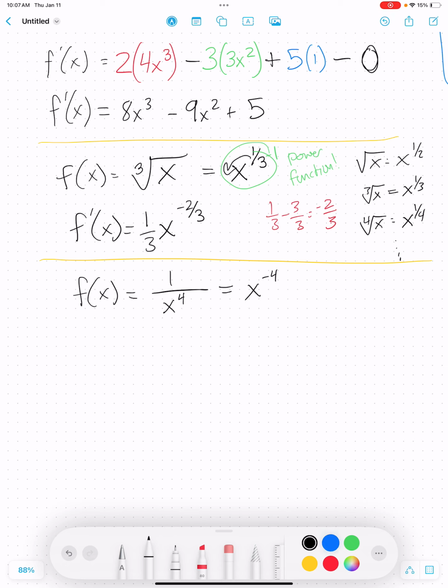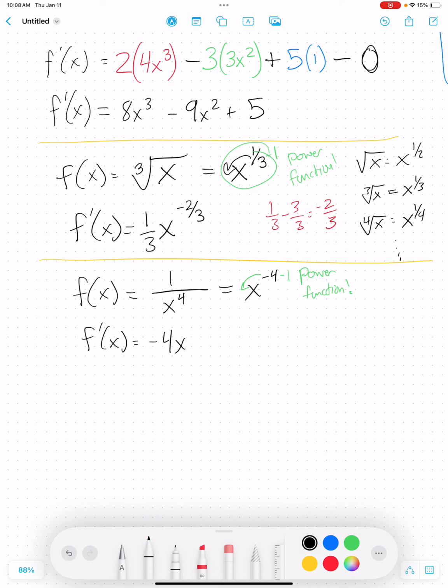Okay, so since I can rewrite it in this power function form, so this is also a power function, which means my power rule applies to this as well. F prime of x, I'll bring the negative 4 out in front, and then I will subtract 1 from the exponent.